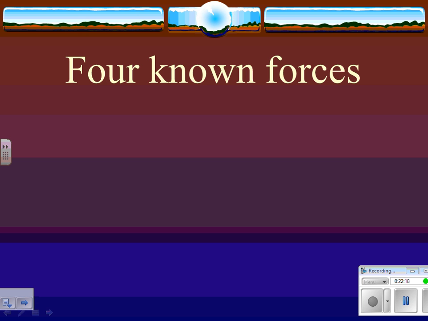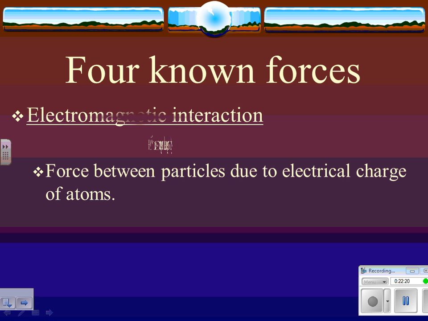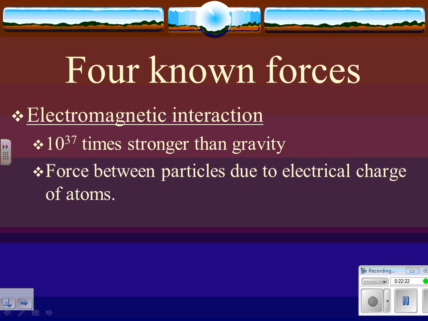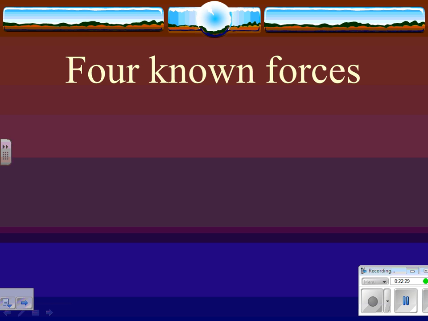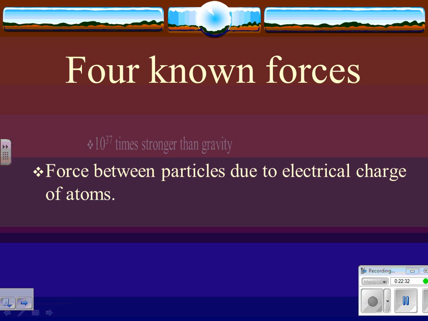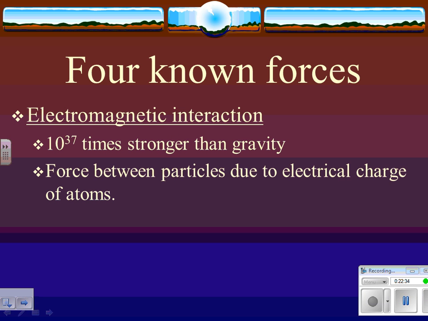Then we move up to the electromagnetic force. The electromagnetic force is even stronger yet. It is a force that any object that has electric charge experiences from other objects that have electric charge.